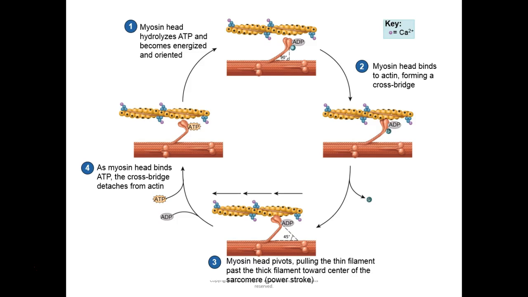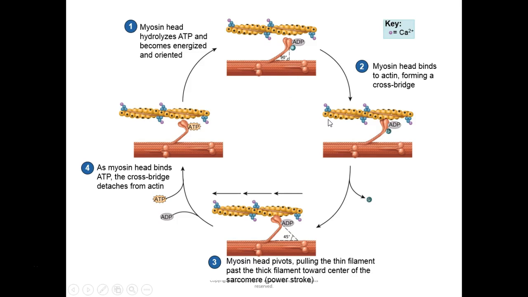That enzyme, when it breaks down ATP, releases energy from that hydrolysis reaction, and that energy is stored in the myosin head to be used during the contraction cycle. So the myosin head is said to be energized when it's containing that stored energy. That stored energy pulls the myosin head back into what we call a cocked position. It's sort of like stretching a spring. But also notice that we've still got the ADP and the phosphate attached to that head.